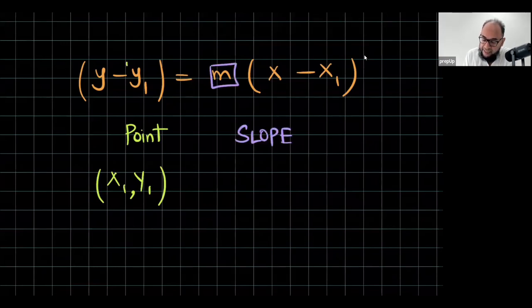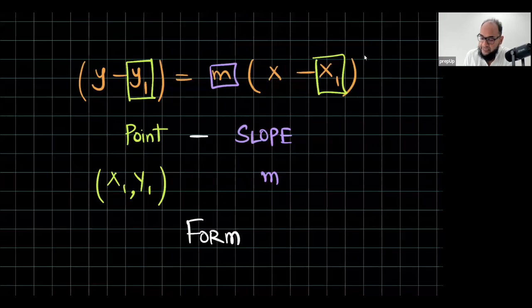And let me illustrate, highlight this thing in green color. So we have a point, we have a slope, and hence the name, that is the point slope format or form. So in AS level and in A levels, we mostly use the point slope format.